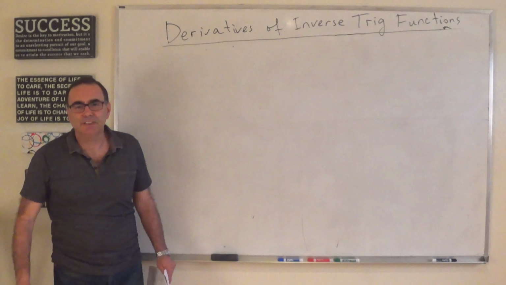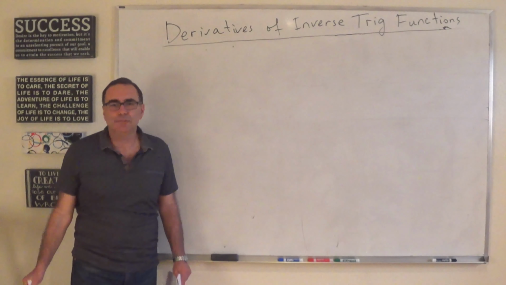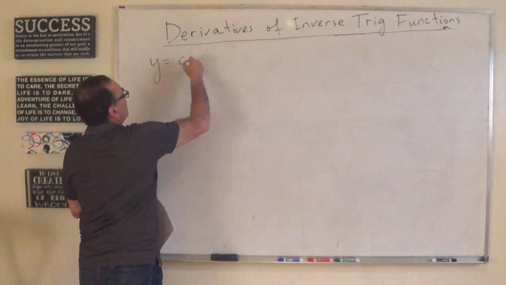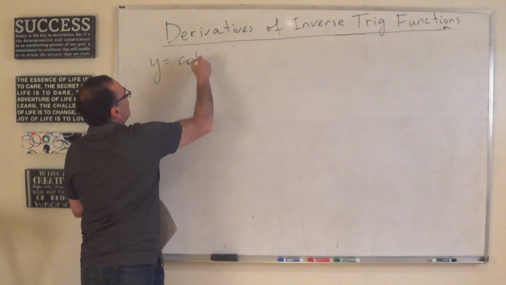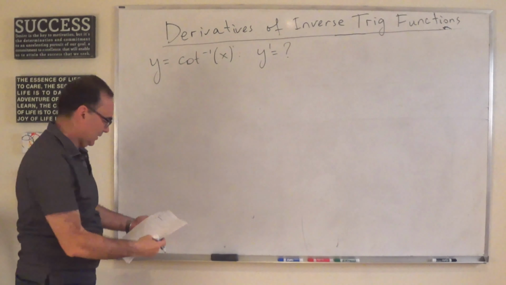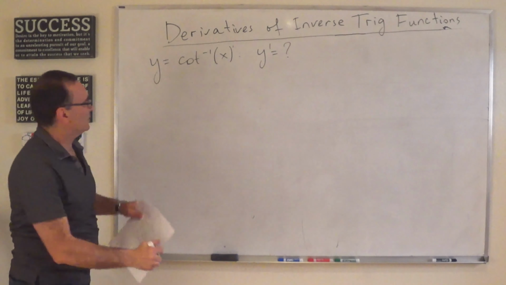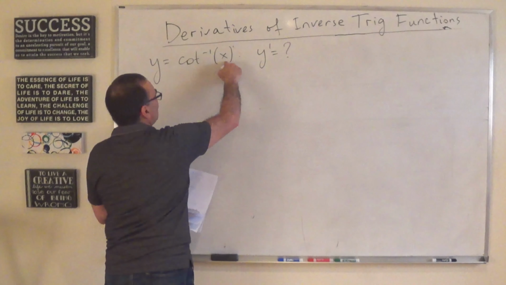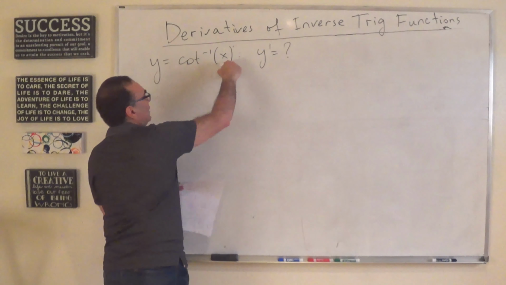So here's the derivative of the next inverse trigonometric function, inverse cotangent. So let's say y equals cotangent inverse of x. And what is the derivative of y? Once again, let's look at values of x and y, ranges of x and y.